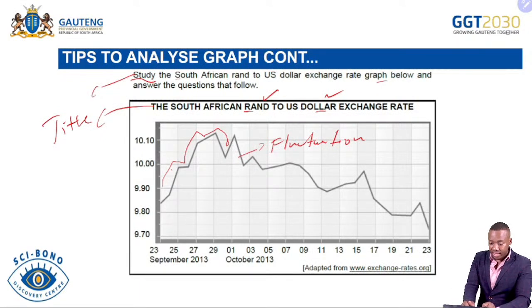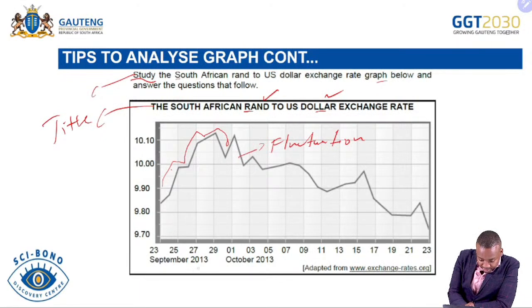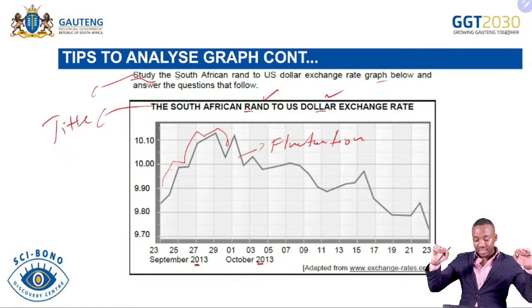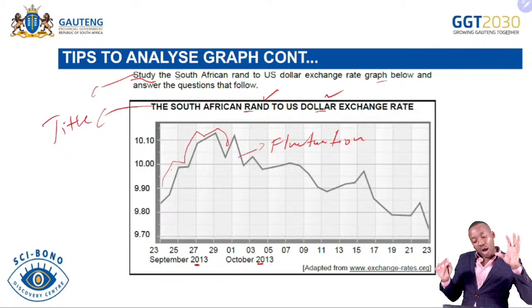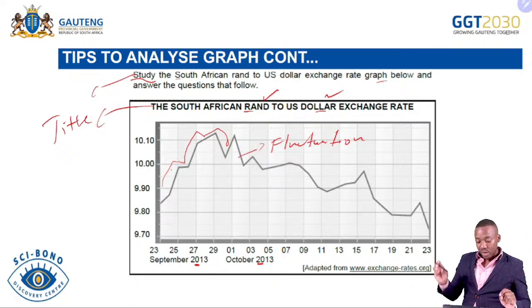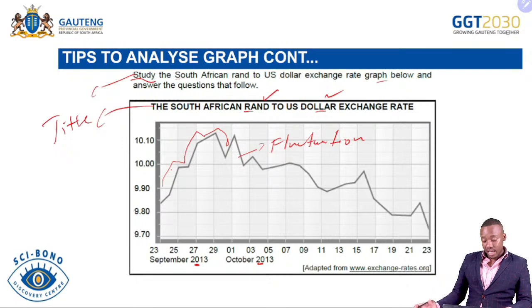Here are the years: September 2013 and October 2013. So here they are checking how did the rand to dollar perform in September. We know the month and the year. And also, how did the rand to dollar perform the next month.